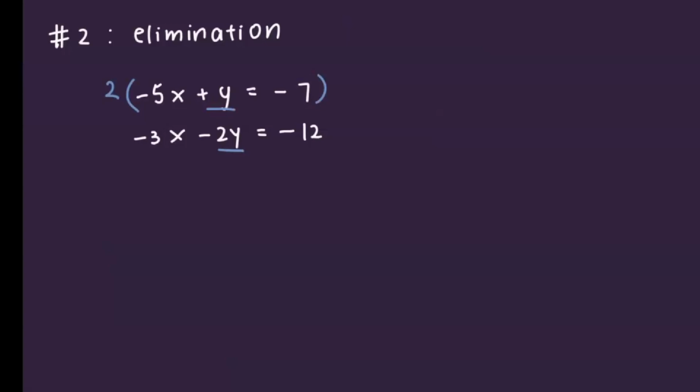We don't have to worry about the signs because we can either add or subtract the equations. So we will have negative 10x plus 2y equals negative 14. And we carry down the second equation.